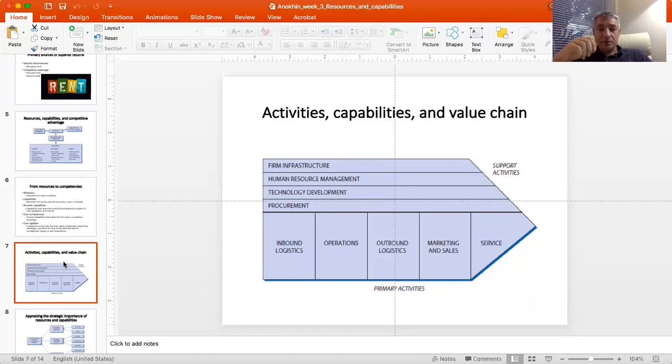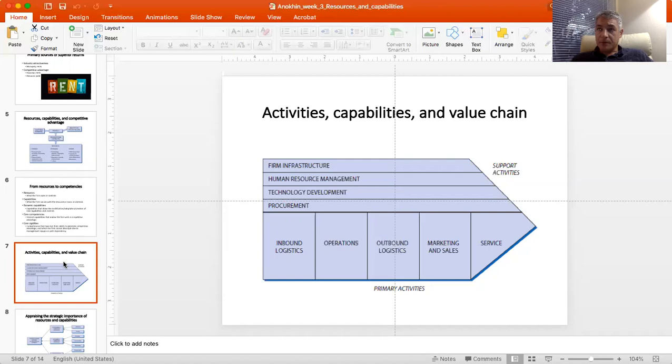Support activities are the ones that do not have to do with transformation of inputs into outputs directly, but that are essential for the firm to be able to perform those primary activities. Right, so here we talk about the firm infrastructure, human resource management, technology development, procurement.